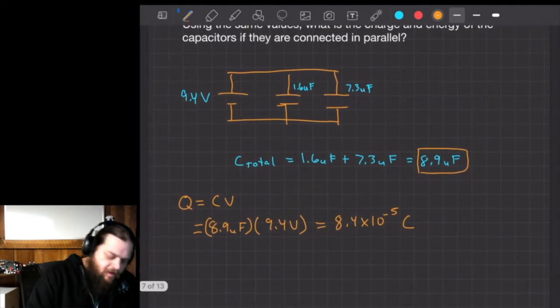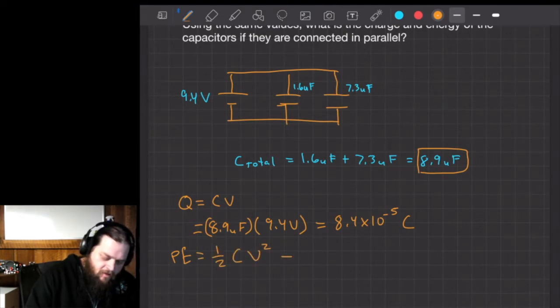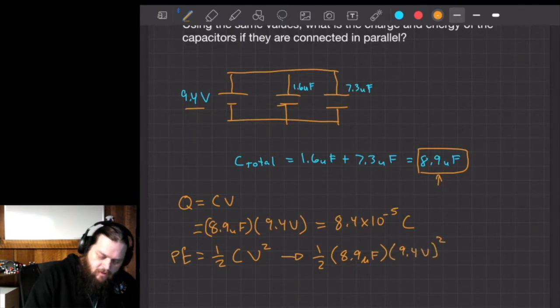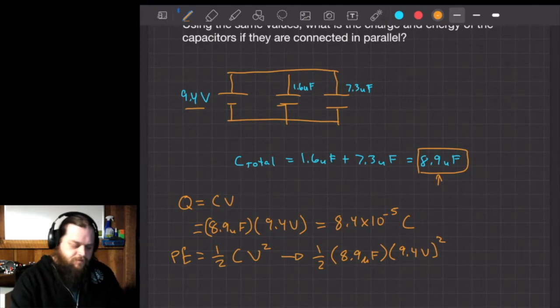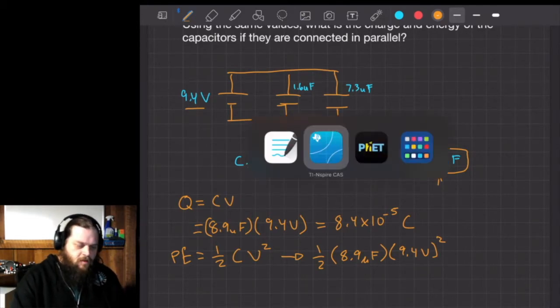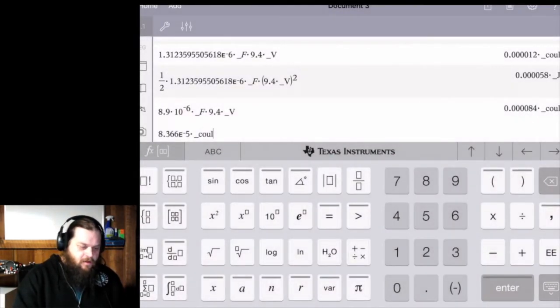To find the potential energy, using that same equation, it's 1/2 CV squared, where our capacitance is still this and our voltage is still that. So we can plug those in. 1/2 times 8.9 µF times our 9.4 volts, all squared. Back to our calculator.